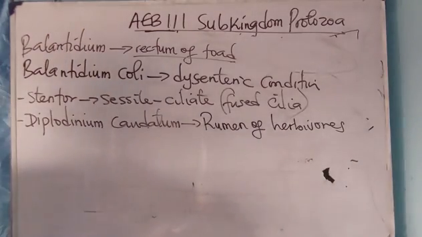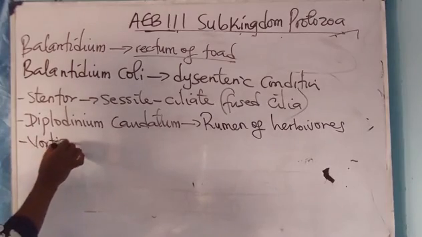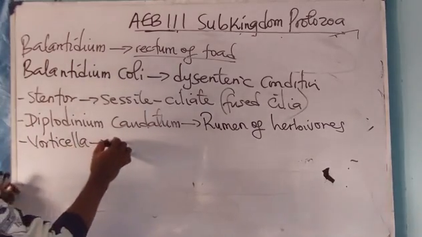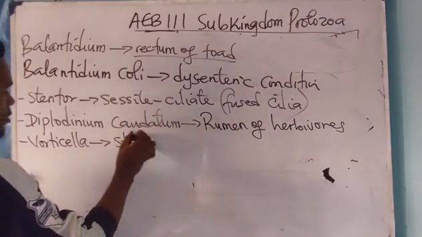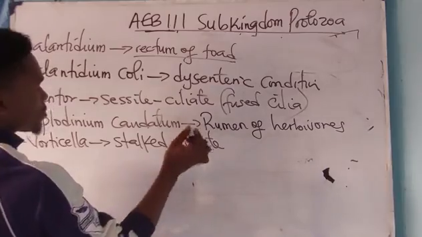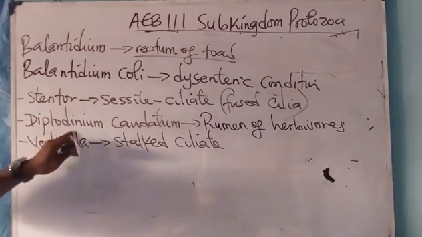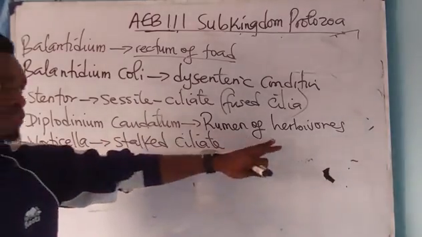You also have Vorticella. Vorticella is termed a stalked ciliate. Diplodinium caudatum is found in the rumen of herbivores.